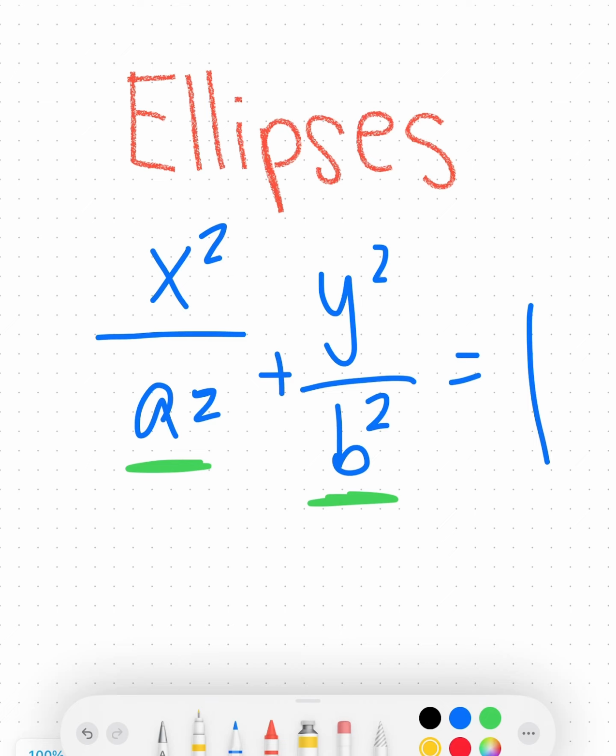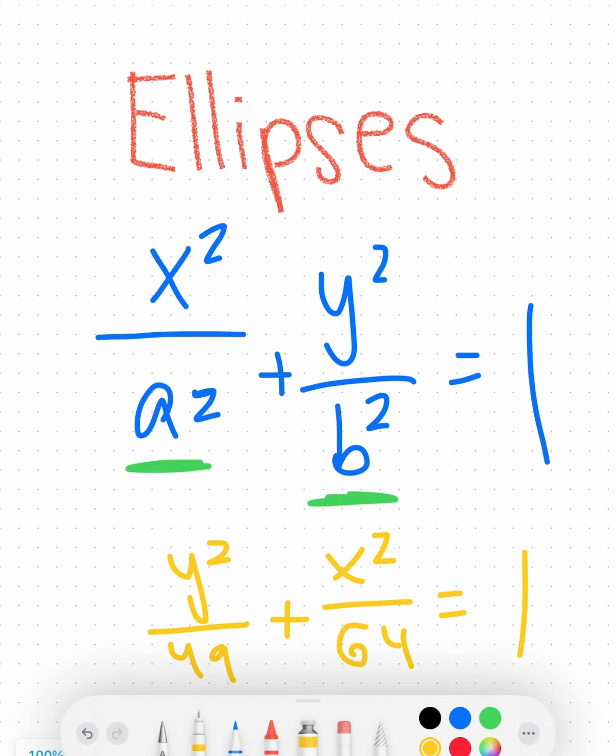let's say the equation was y squared over... sorry, let's say this one was something larger, so 4 equals 1, right?